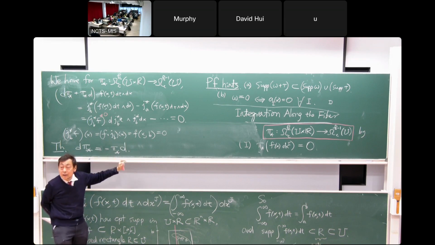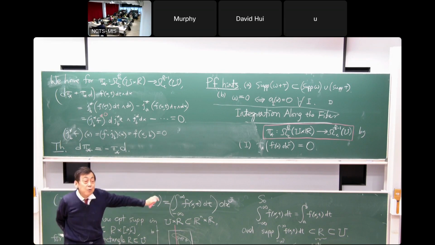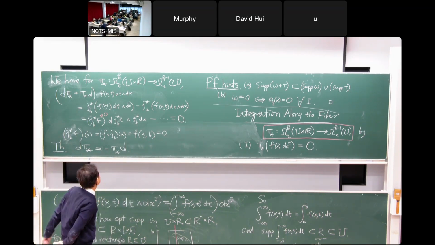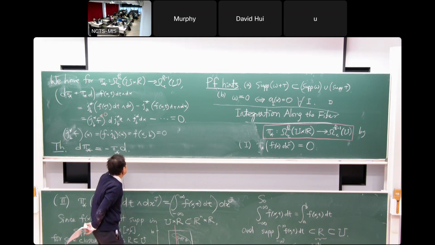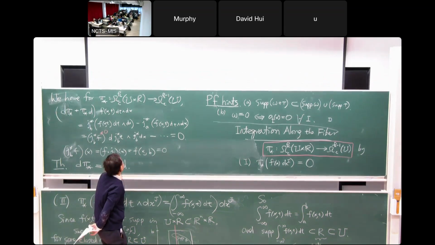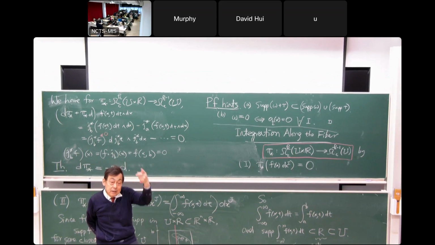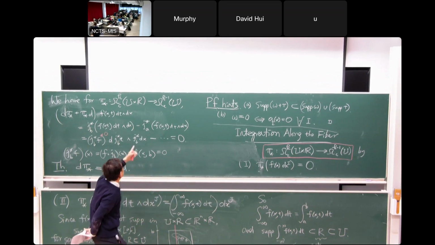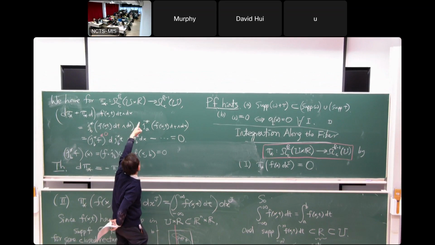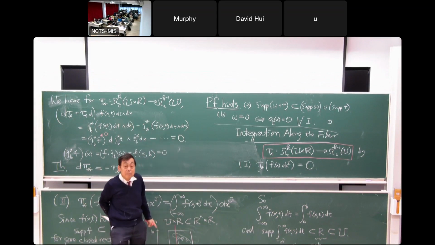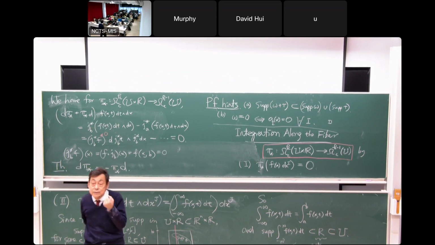It's called a co-chain map. Because the differential forms form a co-chain complex with the exterior derivative. And here you have pi star, it's a map between two differential complexes. If it commutes with D, it's called a co-chain map.